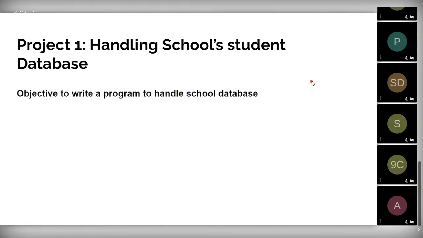So our objective is to write a program to handle a school database. So it basically handles the school's student database. So what will be the process in this database? First, record students' data into a dictionary. Suppose that we are storing all the data of the students in a dictionary.